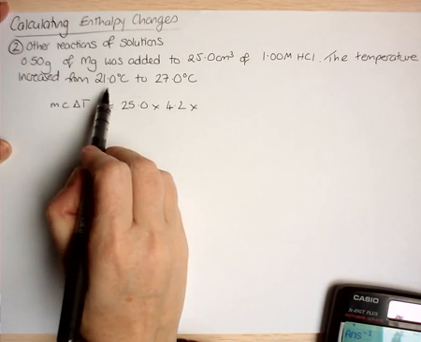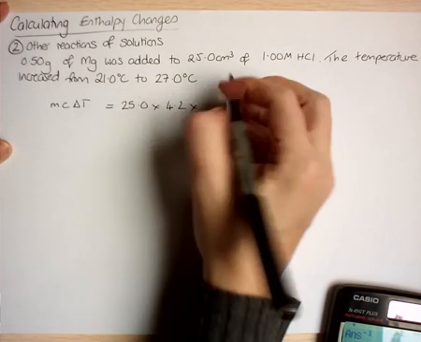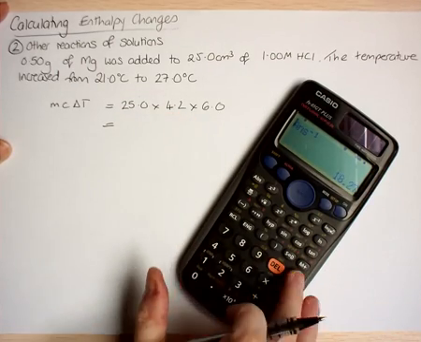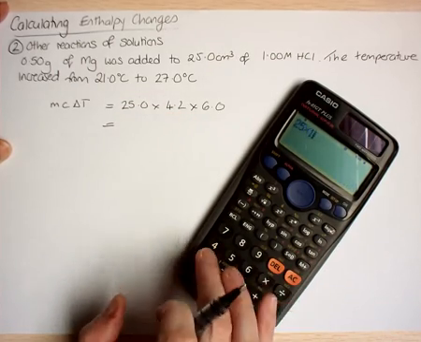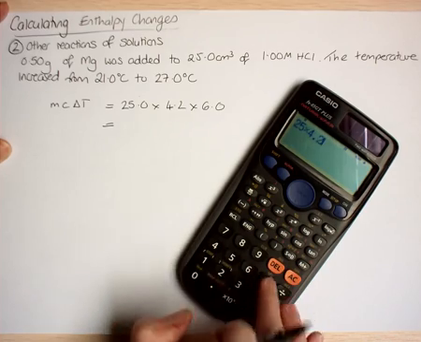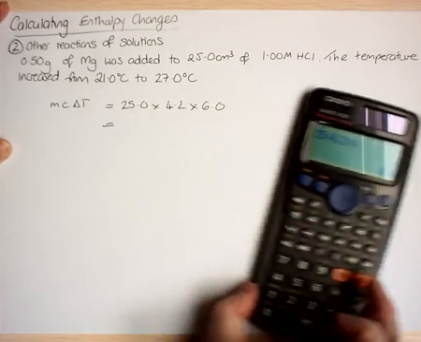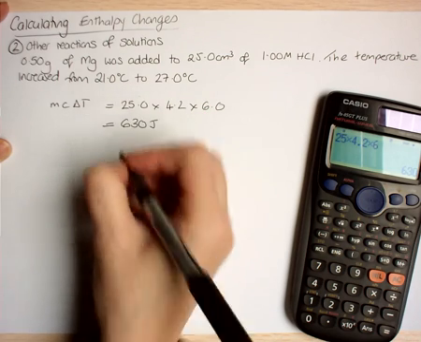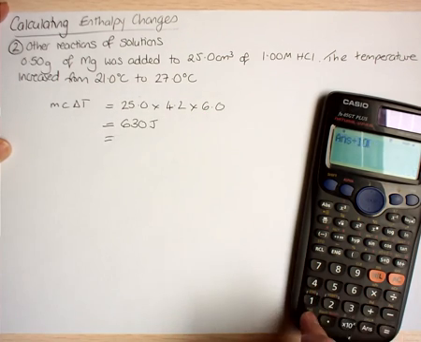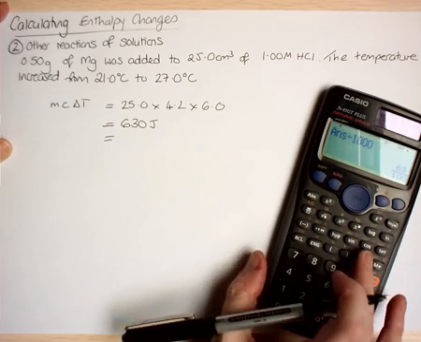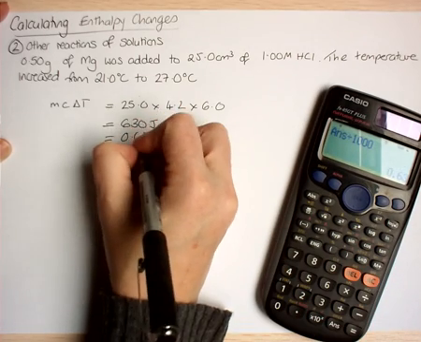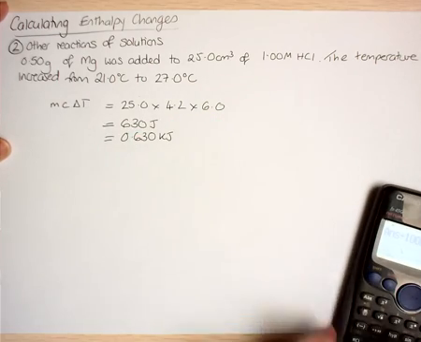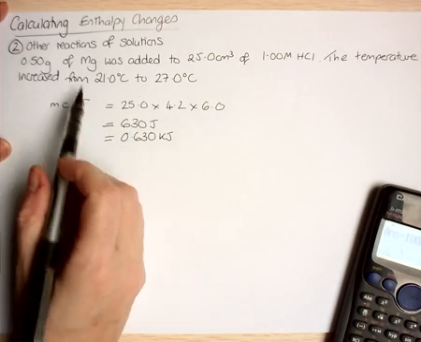Times by change in temperature, you can see that's 6 degrees. 25 times 4.2 times by 6 is 630. Remembering that that is in joules, so I divide it by 1,000 to get it into kilojoules. But enthalpy changes, remember, are per mole.